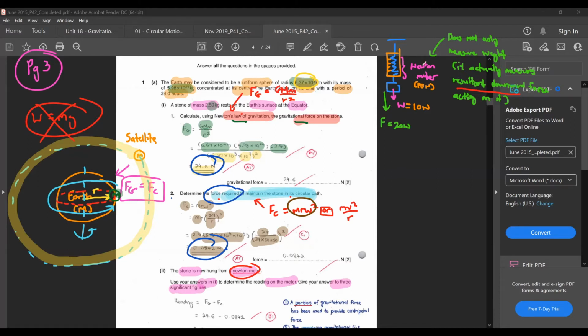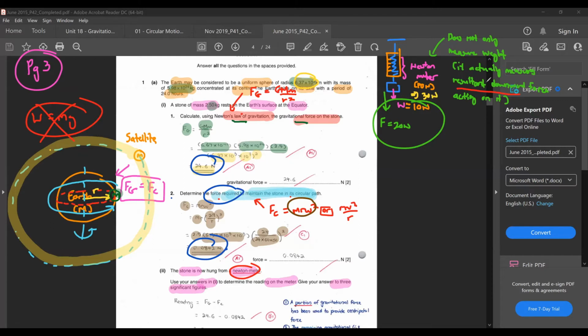Your Newton meter is not just going to give you the weight of the load that you just applied anymore. It's going to give you the total force downwards, the total resultant force downward. So your Newton meter, rather than giving you 10 Newton, it will now give you 13 Newton.